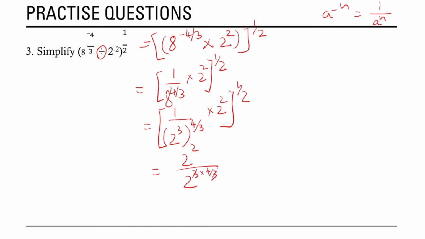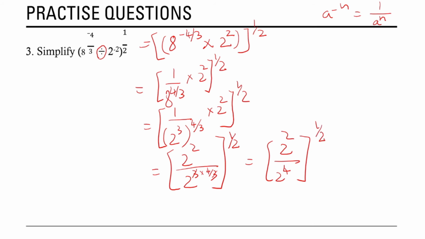This 3 gets cancelled, and this one the whole raised to half. So this is 2 square divided by 2 raised to 4, the whole raised to half. This is of the form a raised to m divided by a raised to n, which is a raised to m minus n.